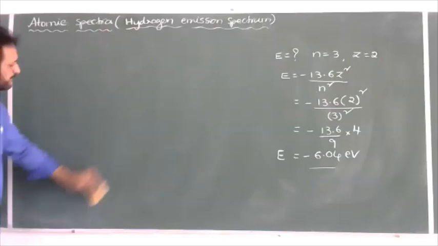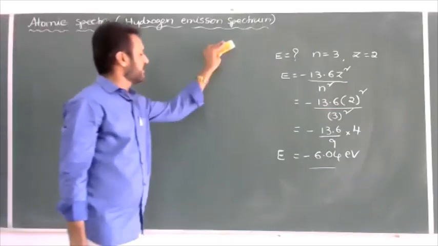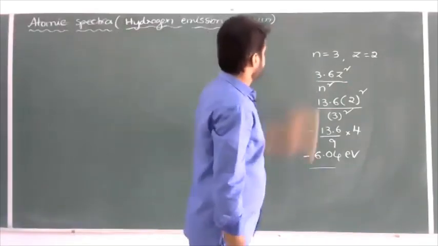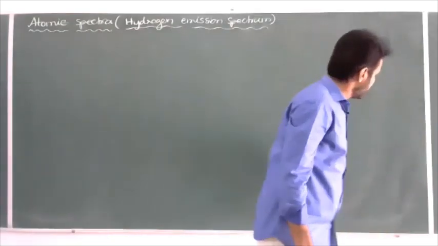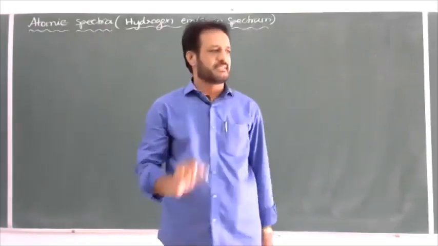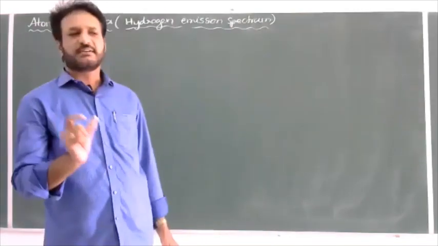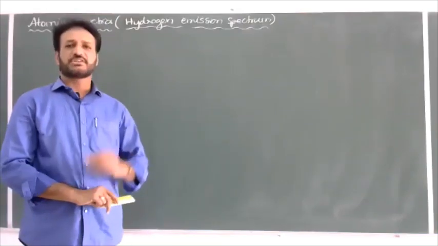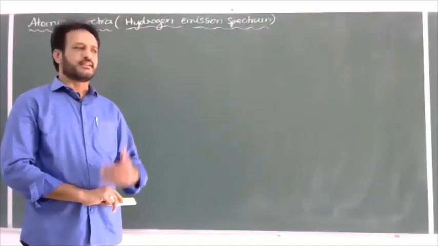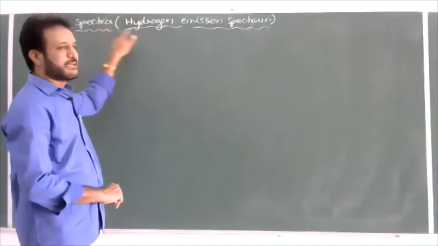So generally, what is the purpose of this hydrogen spectrum or atomic spectrum? By studying any spectrum, generally we can understand the structure of atoms. So internally, what is the arrangement of electrons, how many electrons are there, and what is the structure of the atom. Everything we can learn by using atomic spectra.